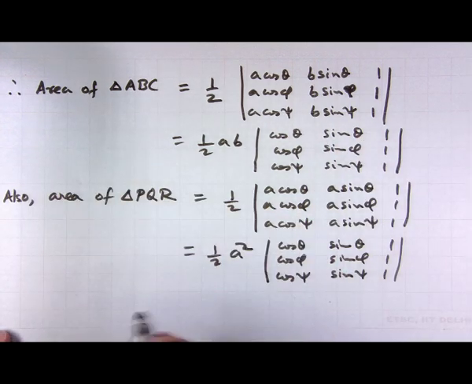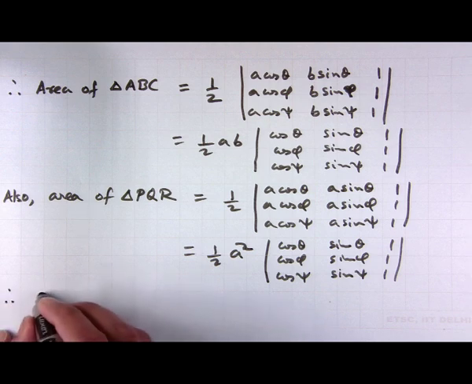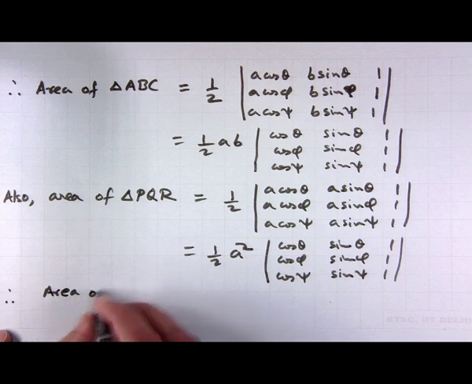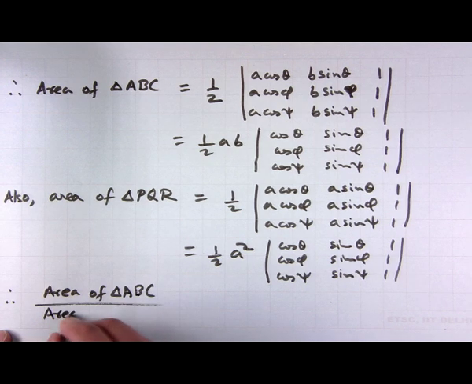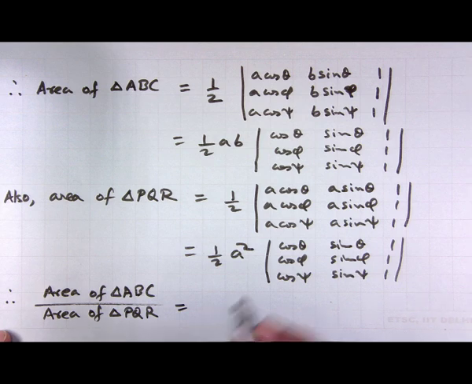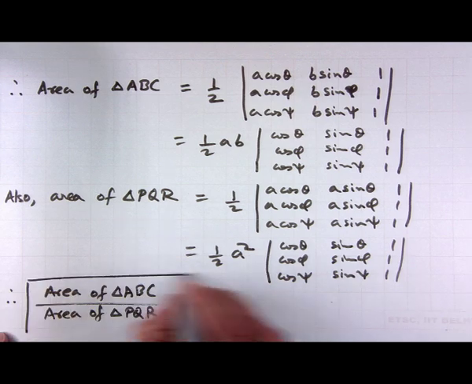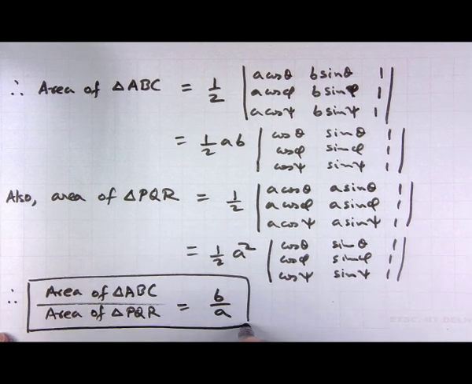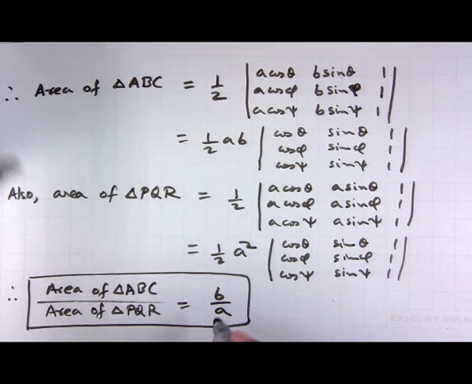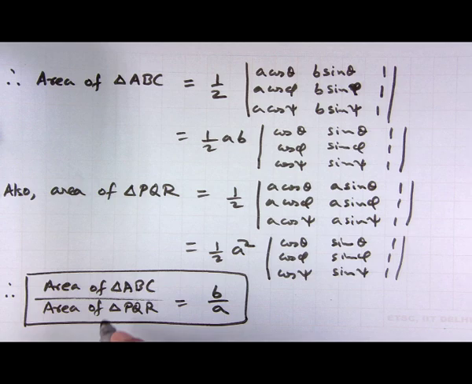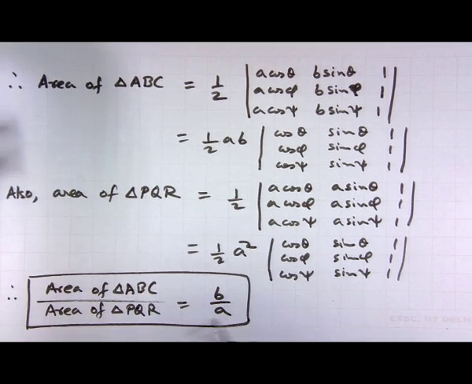So, what we see is that, therefore, area of triangle ABC by area of triangle PQR, if I divide these two, I get this ratio is B by A. So, we see that the area of any triangle inscribed on the ellipse is of constant ratio B by A to the area of the corresponding triangle PQR on the auxiliary circle.